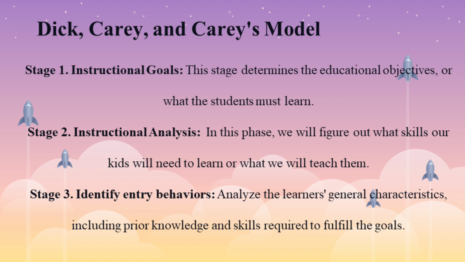Stage 1. Instructional goals. This stage determines the educational objectives, or what the student must learn, or what we will teach them. Stage 3 is identify entry behaviors. In this stage, analyze the learner's general characteristics, including prior knowledge and skills required to fulfill the goals.